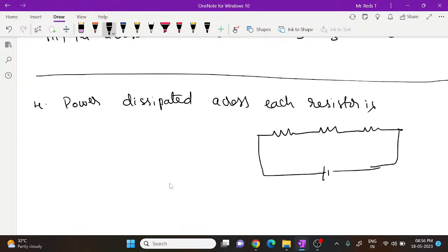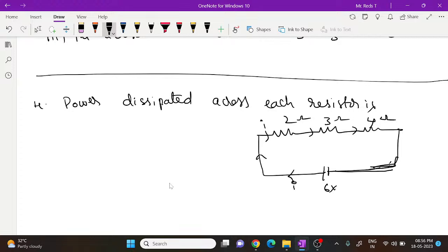So 2 ohm, 3 ohm, 4 ohm, and the potential difference of the cell, 6 volts. I have to draw the circuits properly, guys. A current I is drawn here, and the same current I is flowing through each resistor. Now, as current I is flowing here, power dissipated in series combination. What is constant? Current is constant.